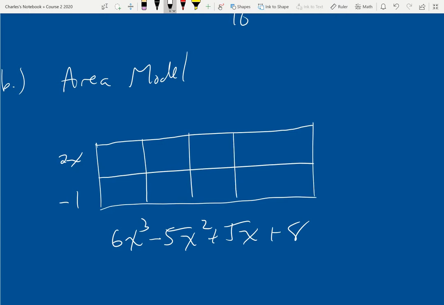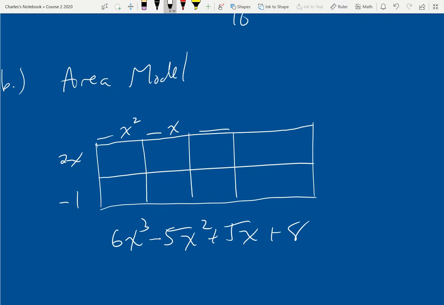And if I've done multiplication enough, I'm going to know that there's going to be something x squared, something x, and then a regular number, like a constant in there.